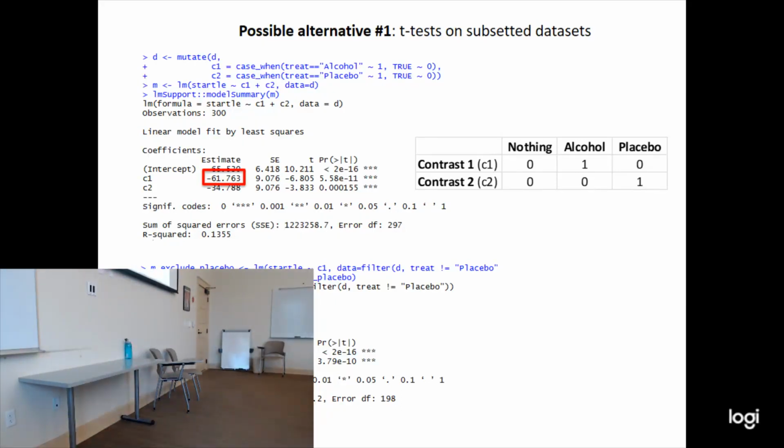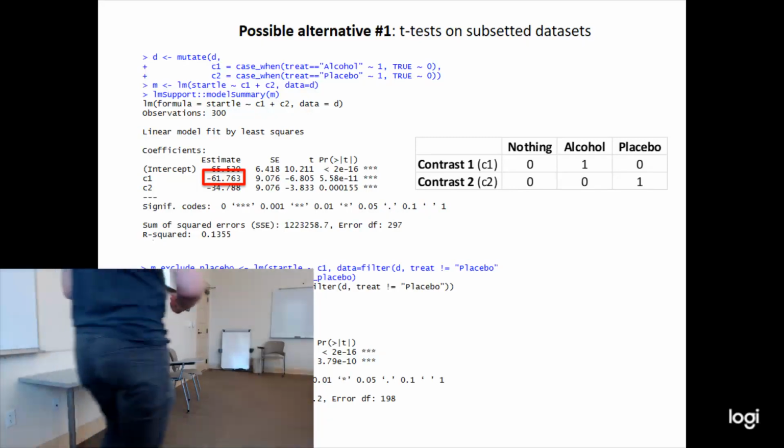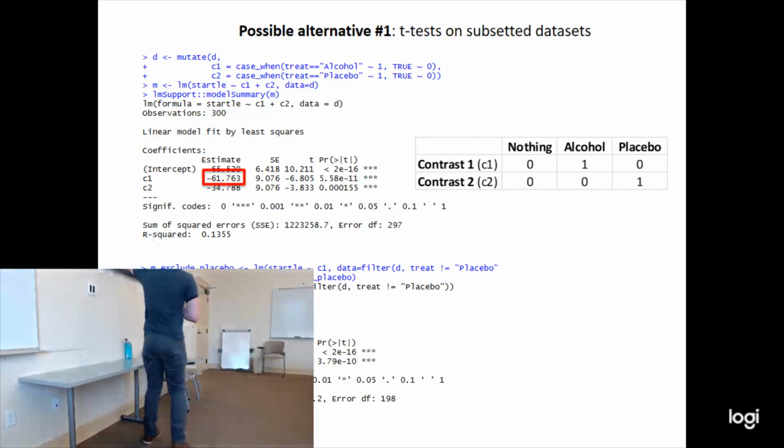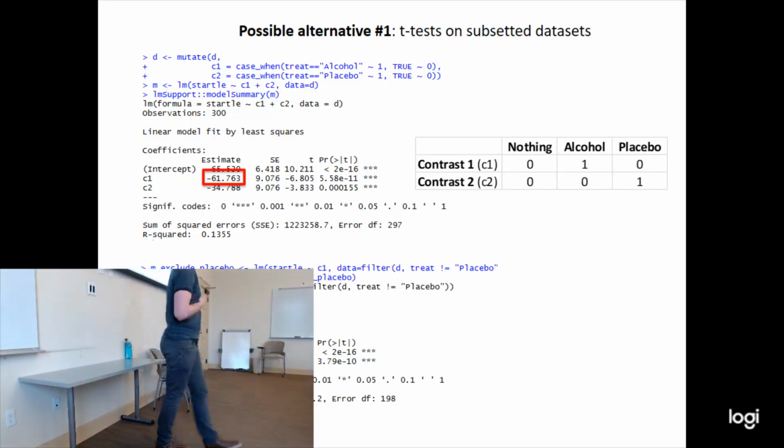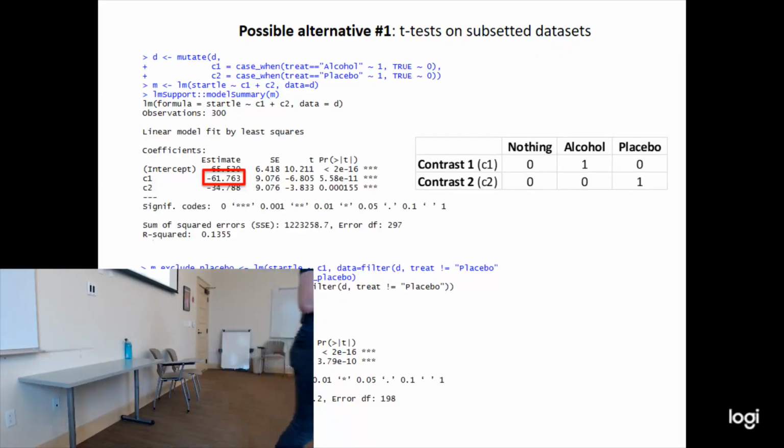The first thing you can notice about these 2 models is that they both give you the same mean difference. So they both give you the same coefficient for C1. That ought to make sense. We've worked with independent sample t-tests, cases where we just have two groups, and we saw that in those cases, you get the mean difference.